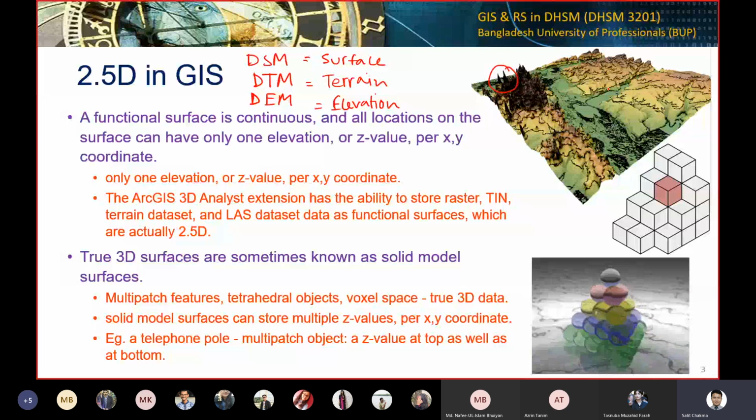When we say only the ground surface, we usually say that's a terrain, right? So if only the natural surface, that is the ground surface, is recorded, although that surface has trees, houses or other structures on it, then we say it's a DTM, digital terrain model. And digital elevation model is somewhat a mix-up.